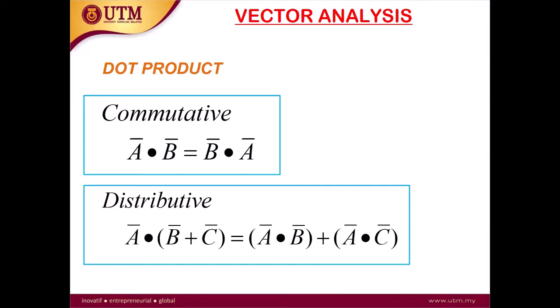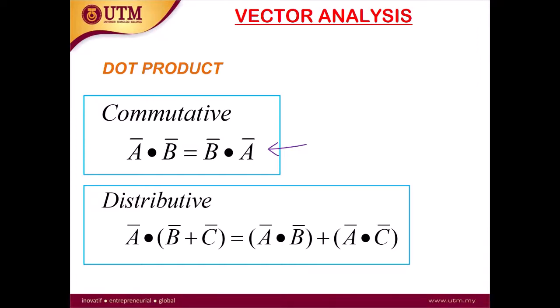And then the properties of the dot product. First, commutative. We can solve whether A dot product with B or B dot product with A, it will give you the same answer.